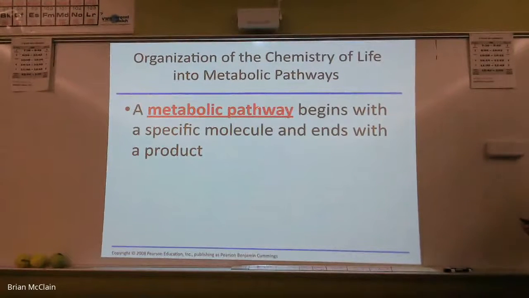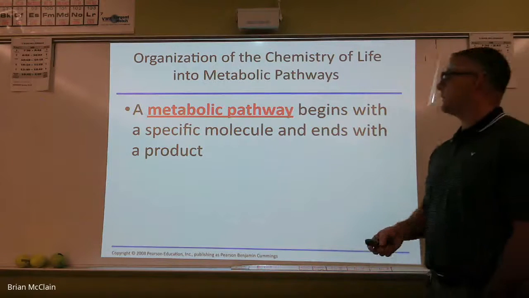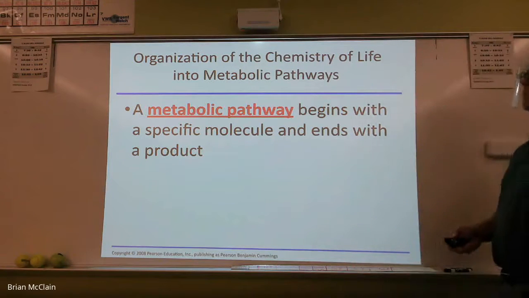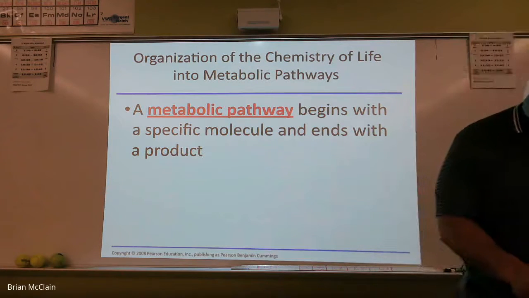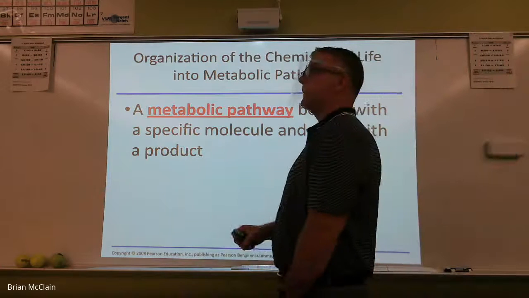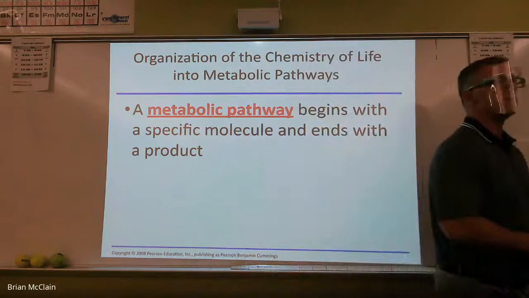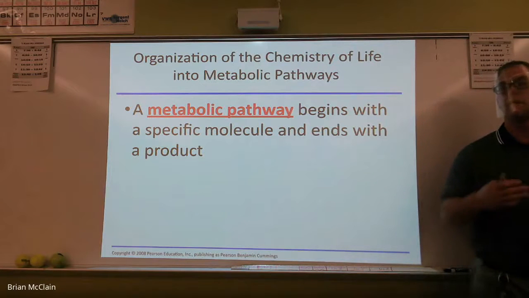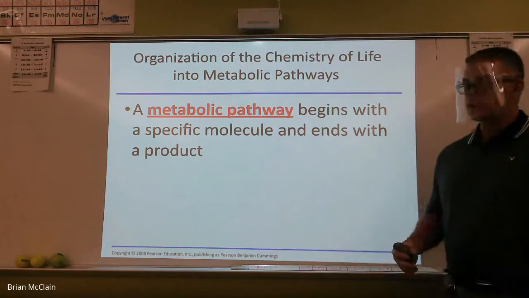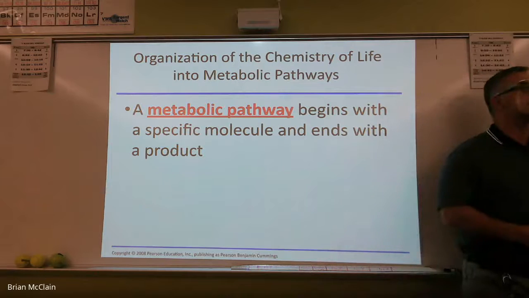So we would say that a metabolic pathway is something where you start with a specific molecule and you end up with a certain product. And what we're going to find is that this is rarely going to take place in a one-step process. It rarely is a one-step and you're done. Almost all of our reactions are going to be part of a pathway.